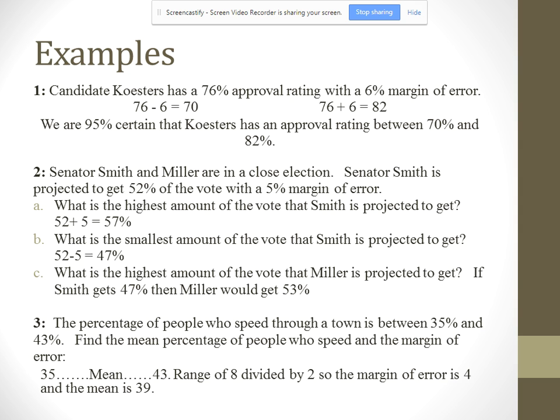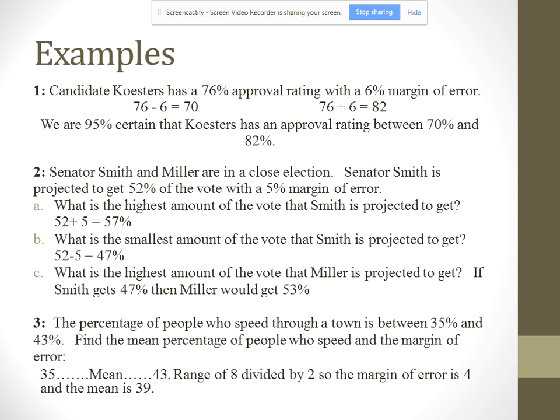All right, let's look at example 3. Flip the paper over. The percentage of people who speed through a town is between 35% and 43%. Find the mean percentage of people who speed and the margin of error. We've got the low and the high, and the mean is right in between.